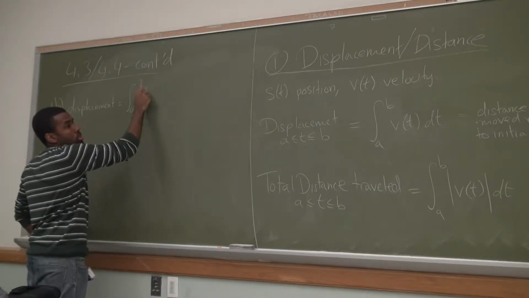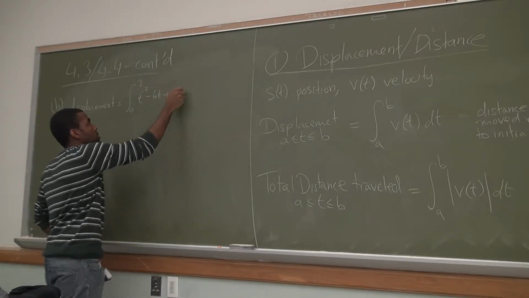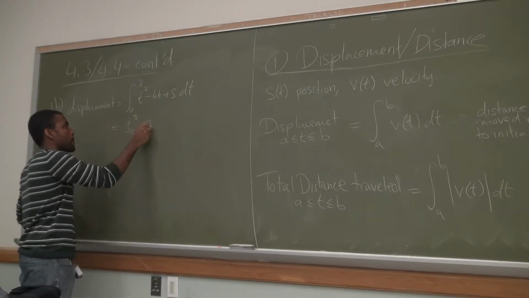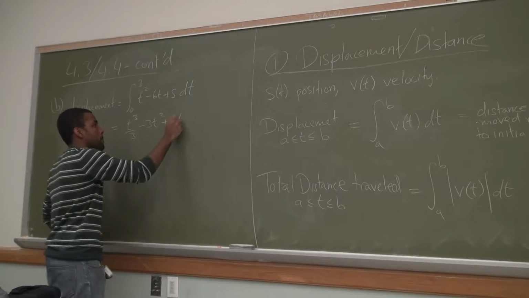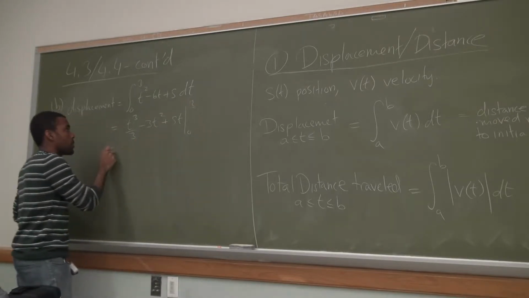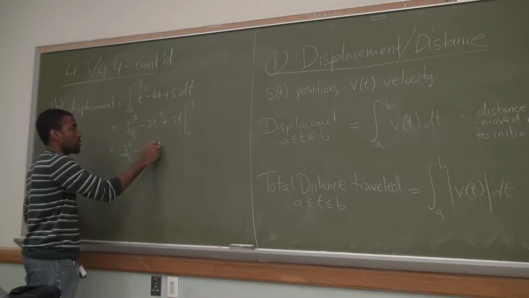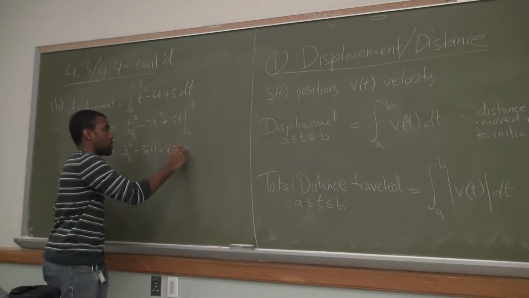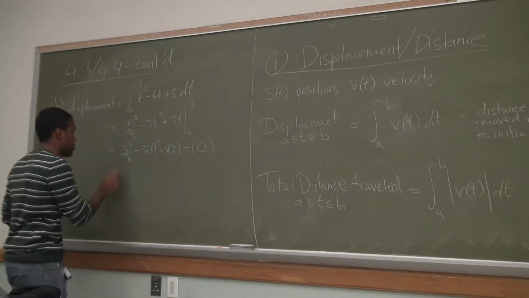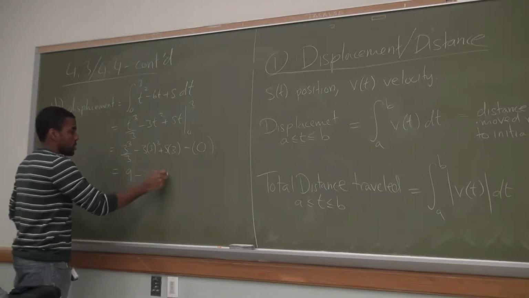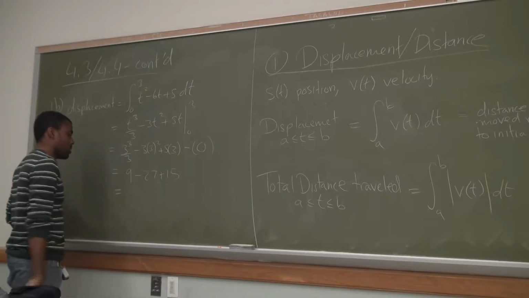This was t cubed over 3 minus 3t squared plus 5t. Minus 0. So this is just 9 minus 27 plus 15. So what's the displacement?